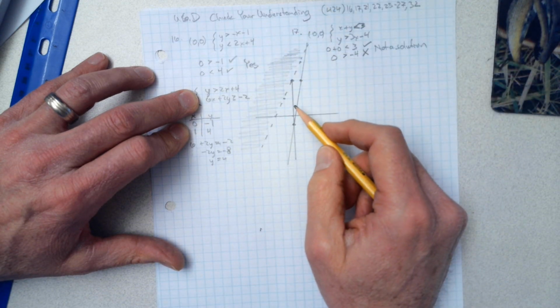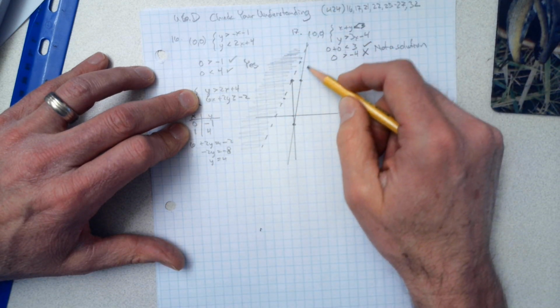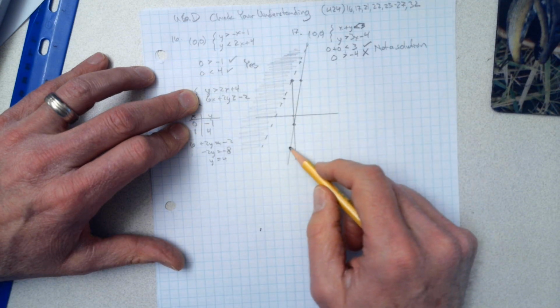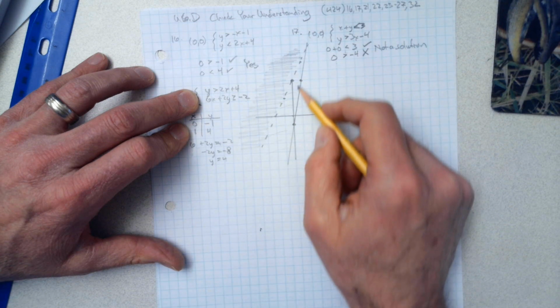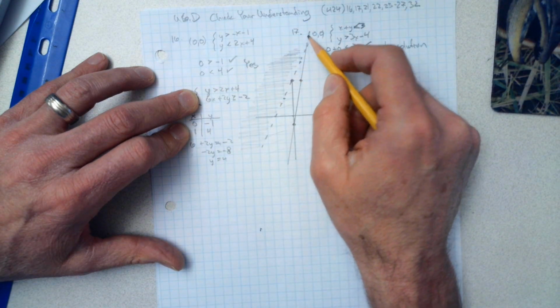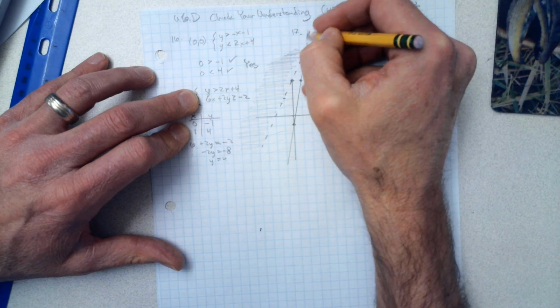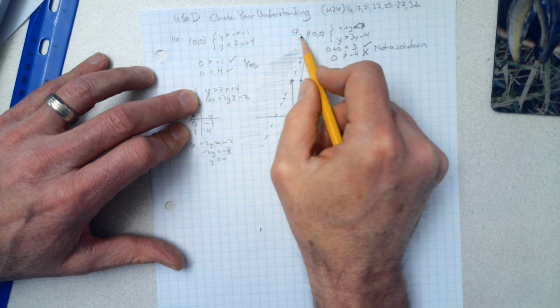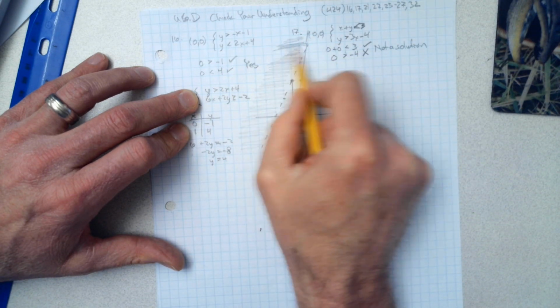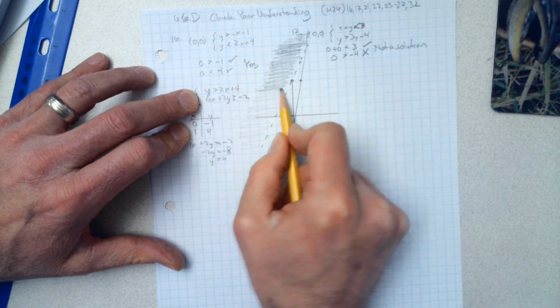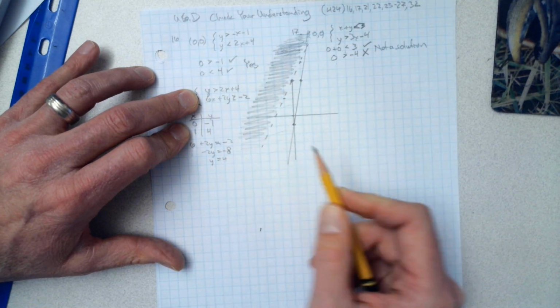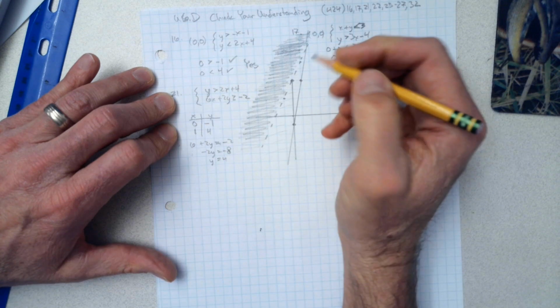So I'm going to shade that side of that one. Now I'll go very lightly here. So I'm covering up the (0, 0) on my shading here, and then it is up on this part going to overlap with my other one. So up here and over here is my correct answers.